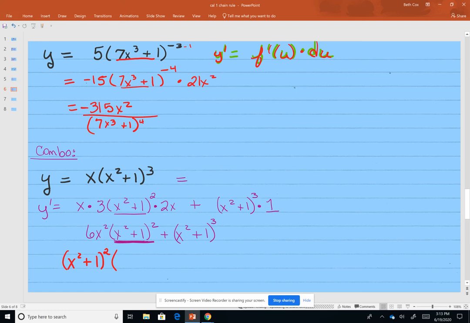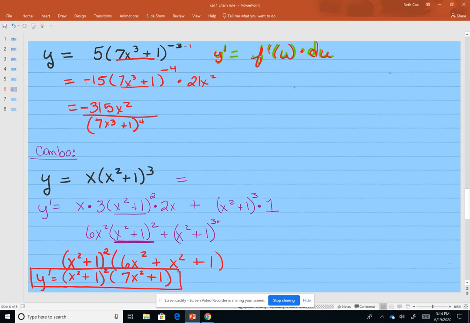And the leftovers are going to be 6x to the second plus, now if I take out the common factor from here, that's going to leave just a 1, plus x squared plus 1, which can be simplified to 7x squared plus 1. And that is the official answer. Right there, a little simplifying mess on that one.